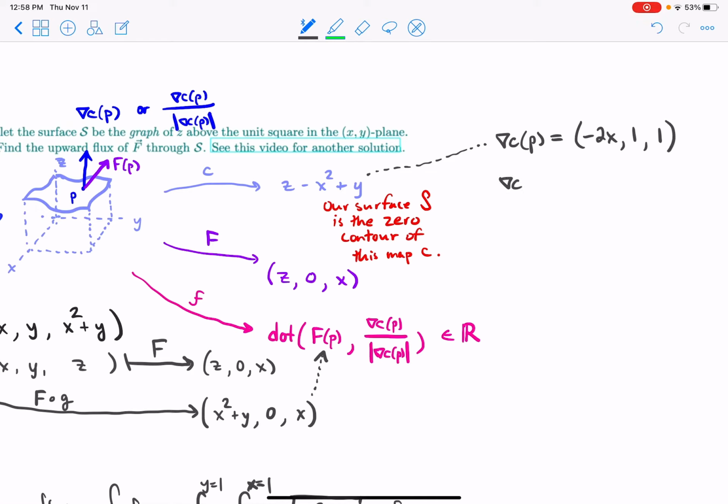And now what's the length of that vector? Well, it's the dot product with itself, 4x squared plus 1 squared plus 1 squared. Well, that's 4x squared plus 2. Oh, and this is the length, so I need to take the square root of the dot product of it with itself. Okay, so great. Interesting, because look, this is identical to this. That is good.